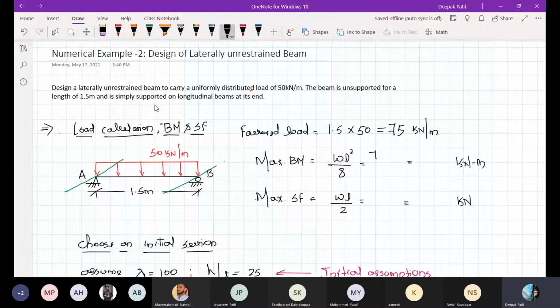That is, I have to multiply 75 multiplied by 1.5 square, divided by 8. So it comes out to be 21.09 kilonewton meter. And the shear force is 75 multiplied by 1.5 over 2, that is WL over 2. This comes out to be 56.25 kilonewtons.